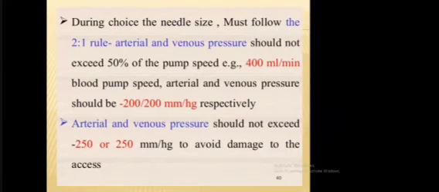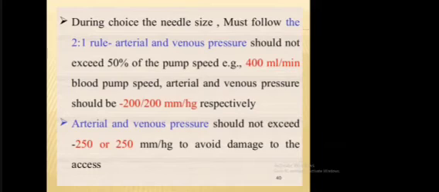When choosing, the needle size must follow the 2:1 rule. What is the 2:1 rule? We monitor arterial pressure and venous pressure on the dialysis patient, and it should not exceed 50% of the pump speed.